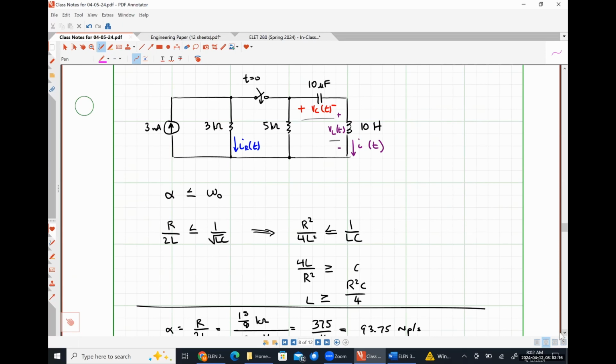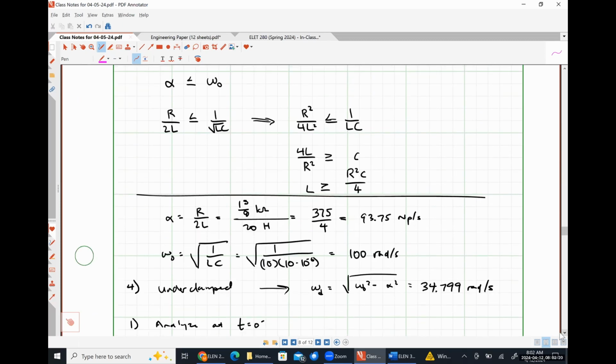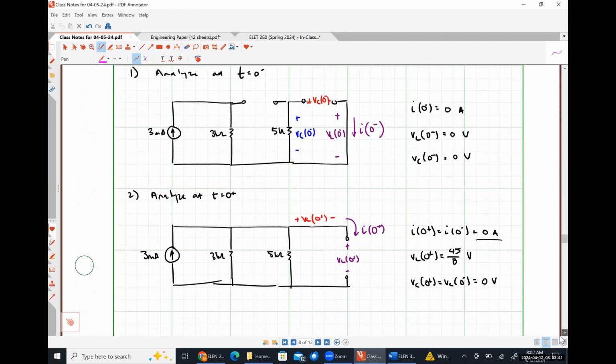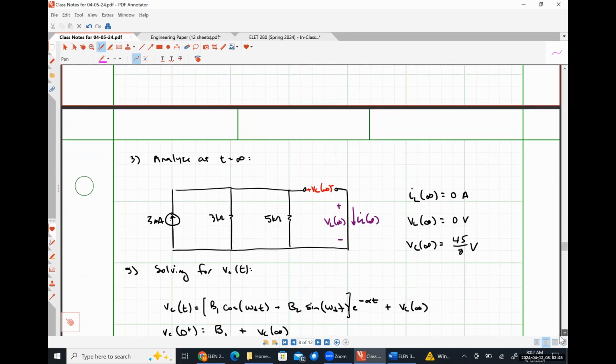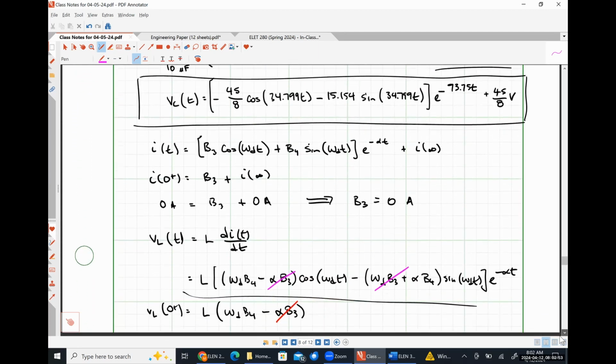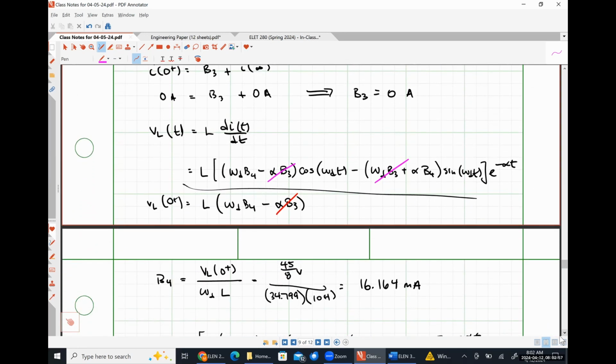Omega D was, let me put this in as an exact number just for the sake of argument, the square root of 100 squared minus 93.75 squared, and then we multiply that by B4. So that is x.